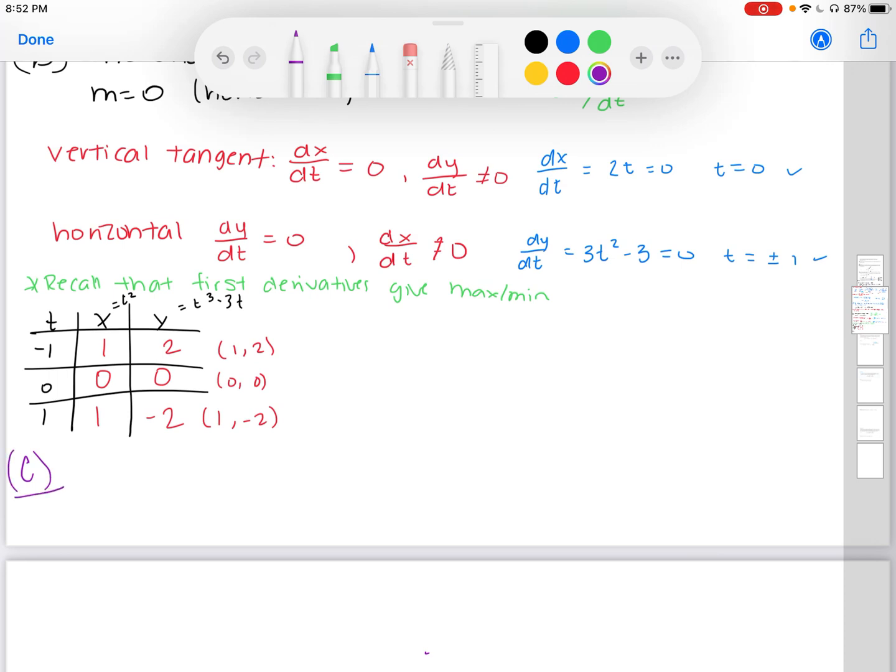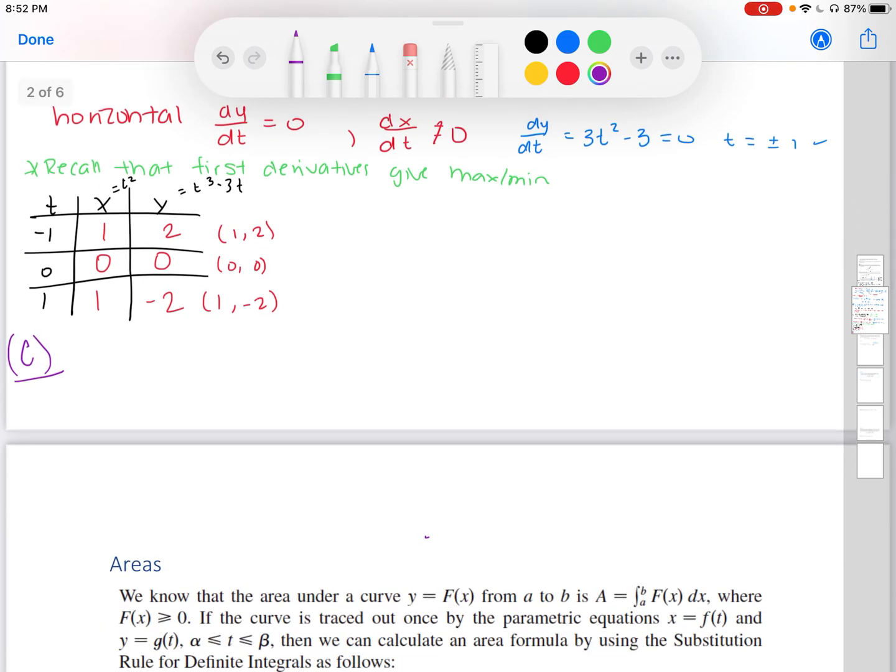So for C, let's go ahead and take our second derivative. Our second derivative is d squared y divided by dx squared. So we have d dt of our new derivative, the derivative of our first derivative, so dy/dx, divided by dx/dt.